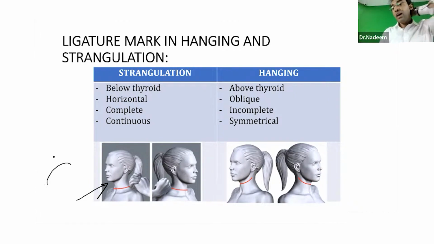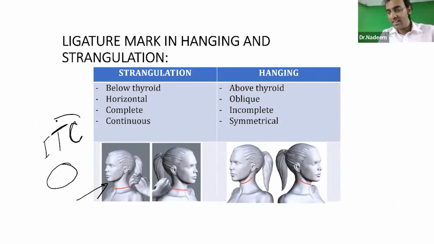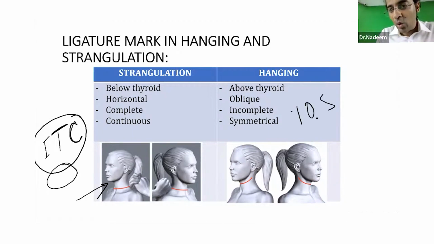It will be infrathyroid, not oblique but transverse or horizontal. Infrathyroid, transverse and complete: remember ITC, strangulation. IOS, infrathyroid, oblique and suprathyroid, hanging. Ligature mark, you can anticipate one question: how to differentiate hanging and strangulation?